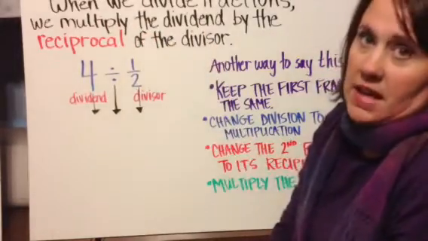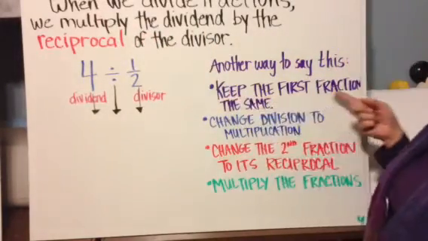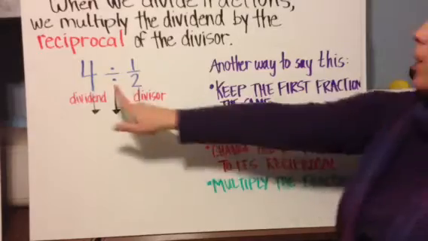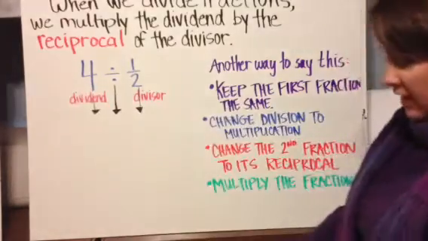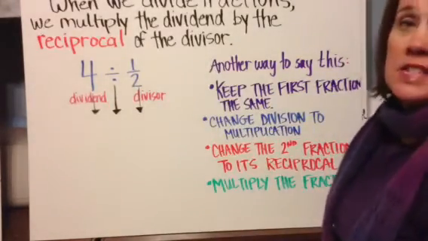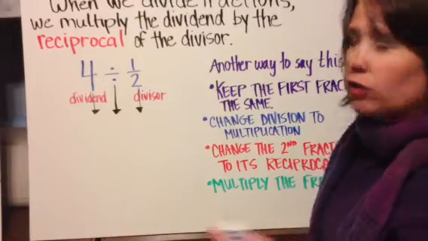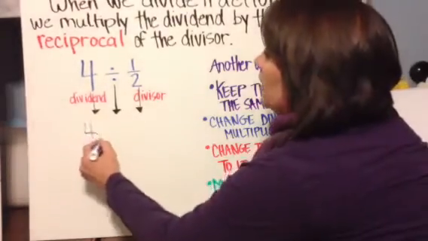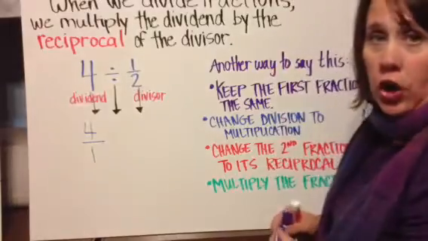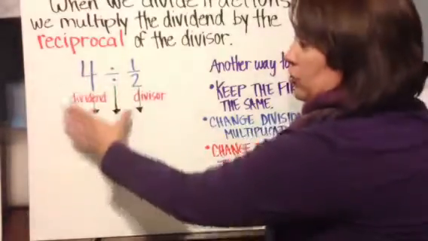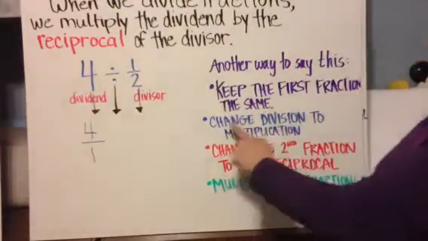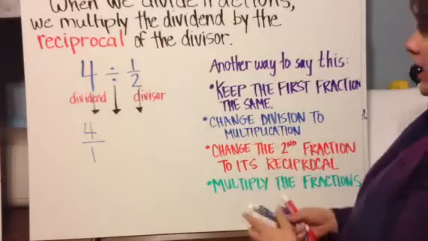Now, an easier way to say that is keep the first fraction the same. So I'm going to come over here to 4. That's the dividend. And I'm going to keep it the same, although I am going to make it into a fraction by putting it over 1. So that's the only thing I would do there. If it was a fraction here, I would just keep it the same. Then I change the division sign to multiplication.